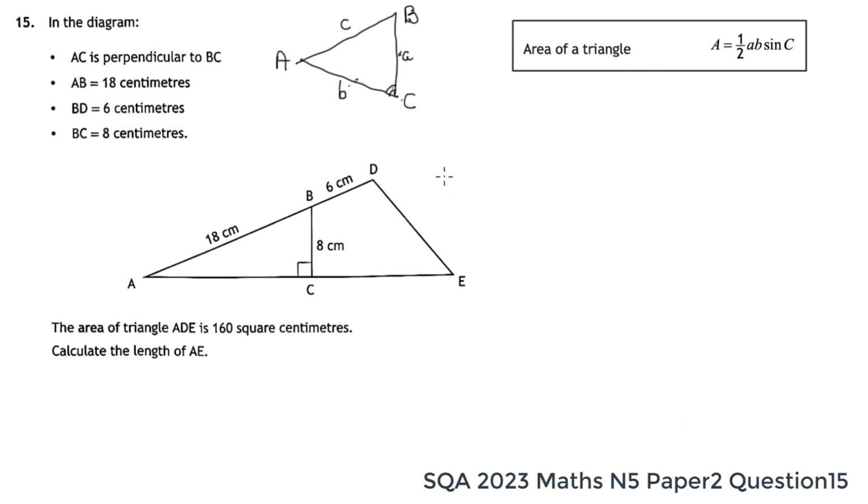Now looking at this triangle ADE, let's have a look at that. This side AD we certainly can work out. It's 18 plus 6, which is 24 centimetres. The side AE is the one we're trying to find. And the angle in between these, we don't know.